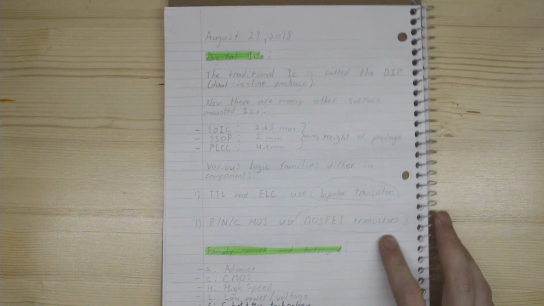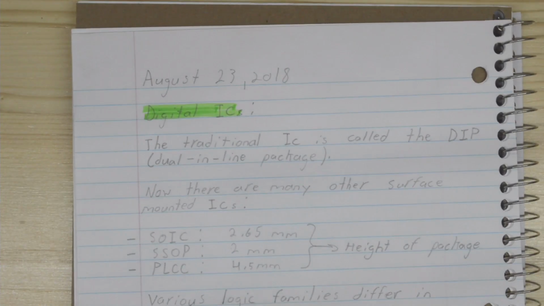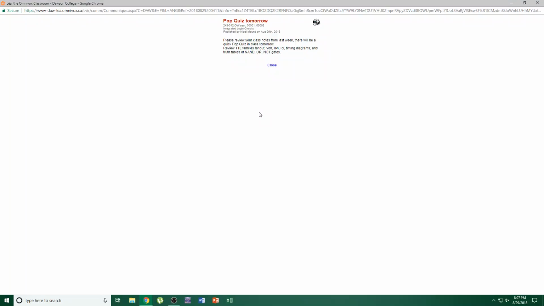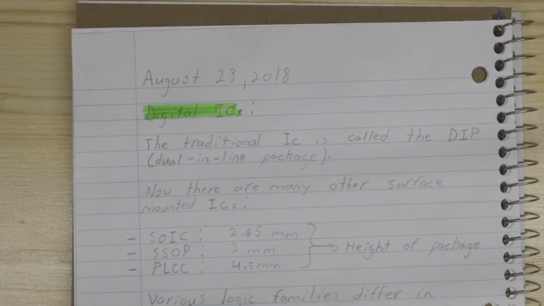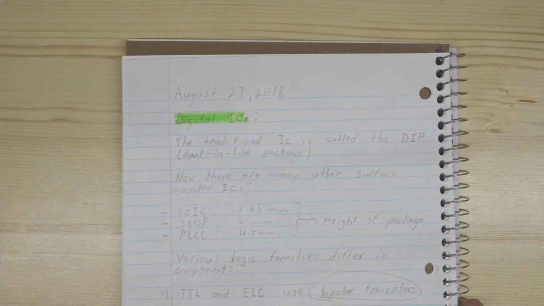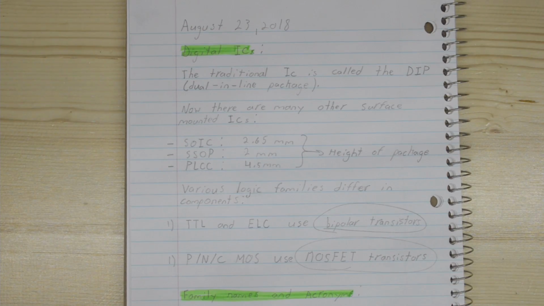Okay. Alright. Let's get to it. So, we begin, like it states in the pop quiz tomorrow, TTL families, fan out, VOH, IOH, IOL, timing diagrams, and so on. So, let's begin by going through a few things.